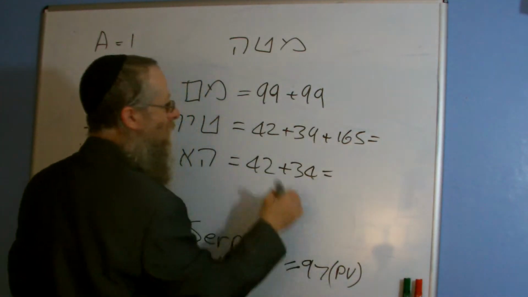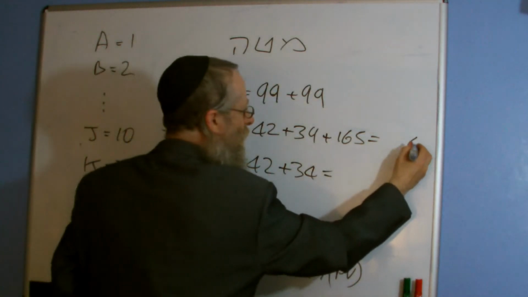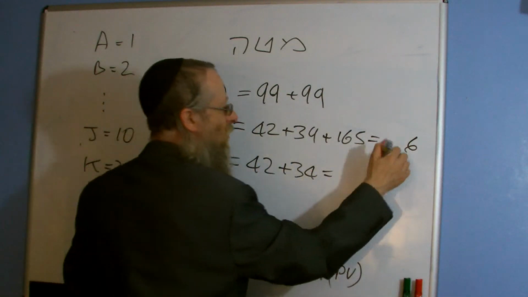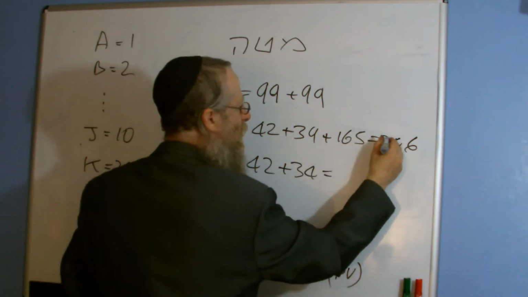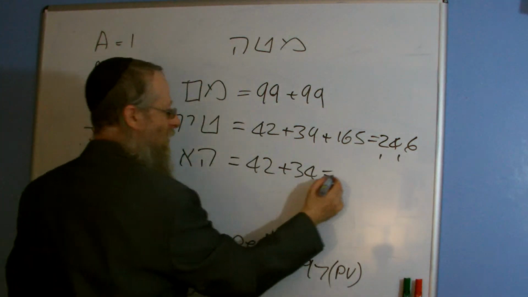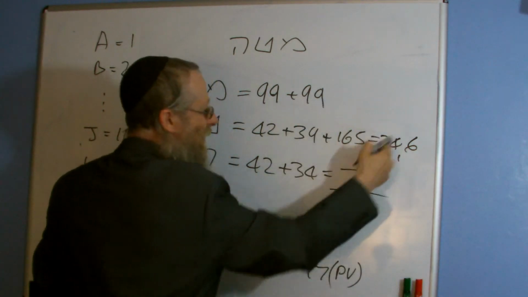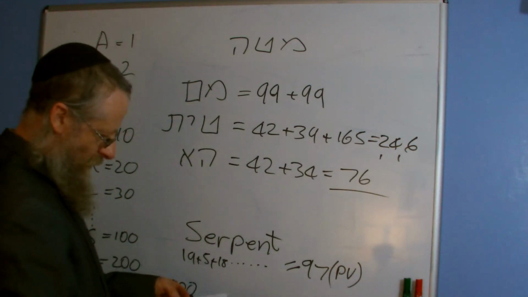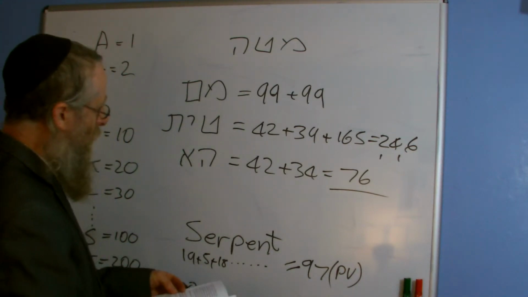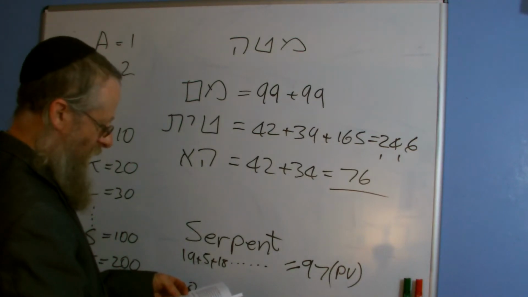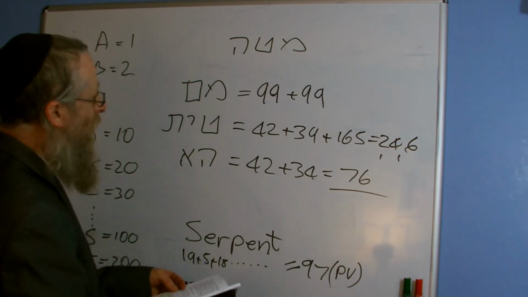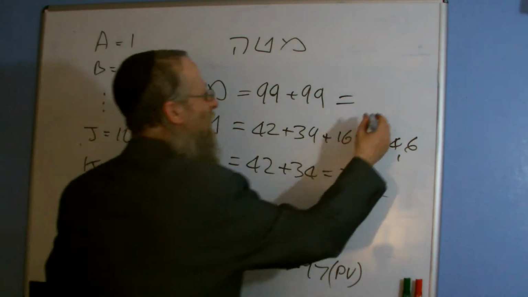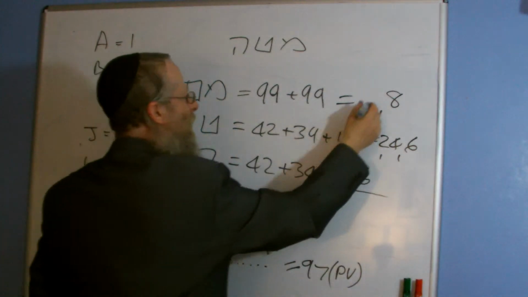I haven't added these up yet. So that's 2, 11, 16. I've got 4 plus 3 is 7, plus 6 is 13, plus 1 is 14, and I've got 1 and 1 is 2. Now I'm going to add this as just 76. If I add these together, just checking it up, 34, 26, 46, I haven't added that yet, that's why the number's missing. 99 is 18, 99 is 18 and 19, so it's 198.